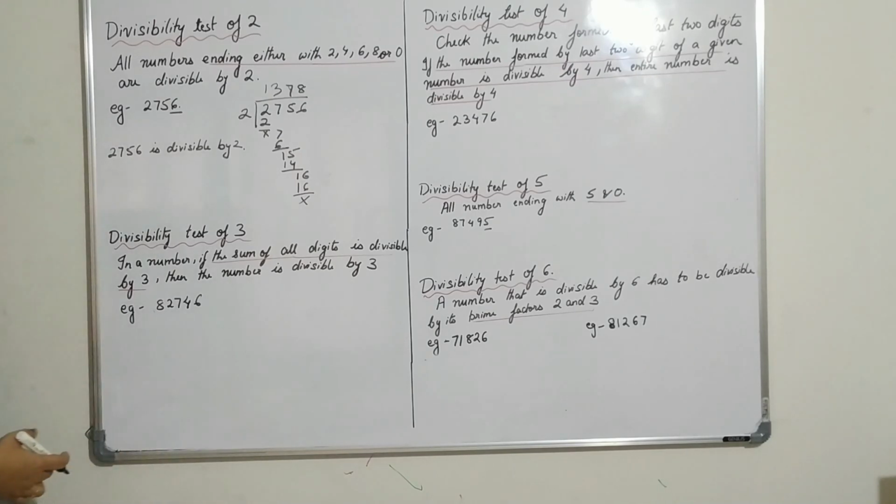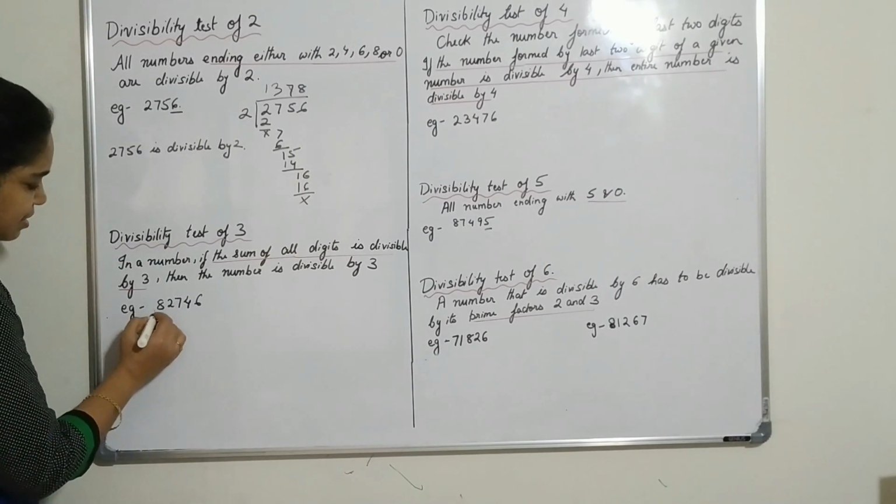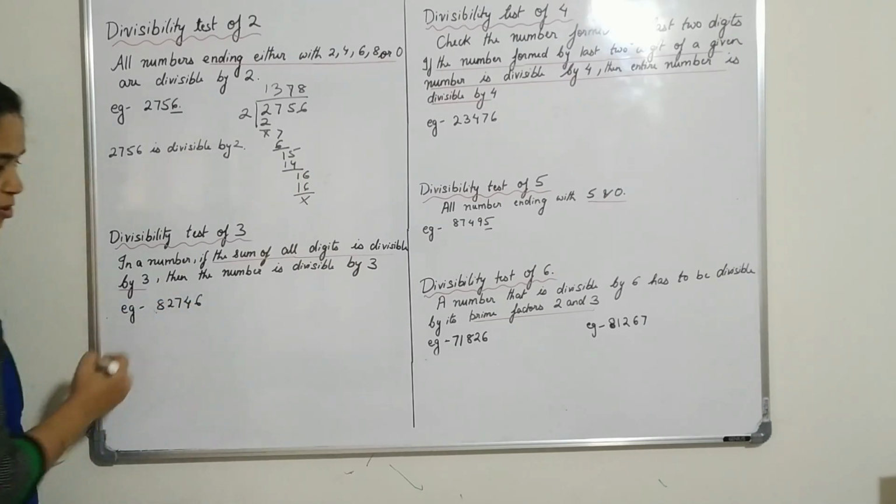Now we will check the divisibility test of 3. In a number, if the sum of all the digits is divisible by 3, then the number is divisible by 3. For example, a number is given: 82,746.